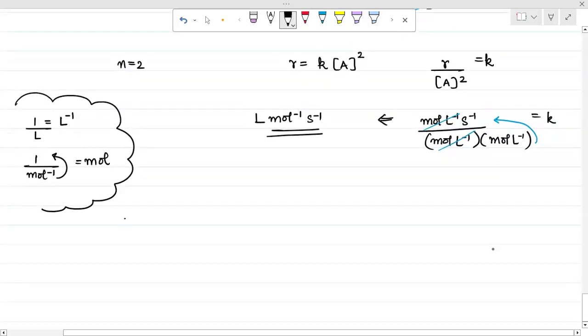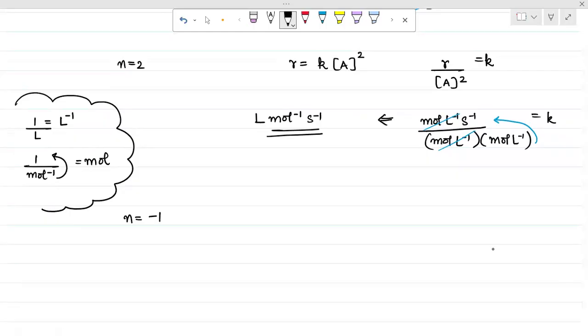Now let's put n is equal to minus 1. Try it.